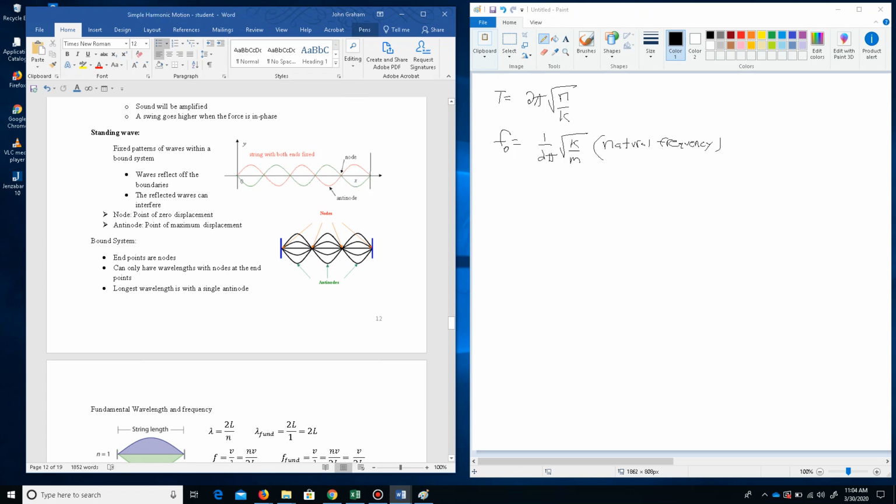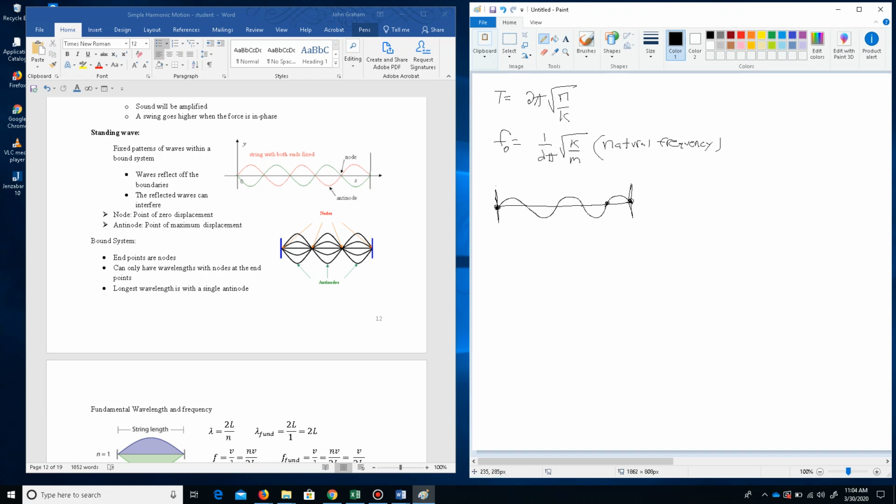And when you're looking at a standing wave, you're going to have a couple of things here. You're going to have what's called nodes, and this is the point of zero displacement. So nodes are where, if this was normally a straight line, and here we're looking at, let's say, a chord fixed on both sides, anywhere that point stays the same is what we'll call a node.